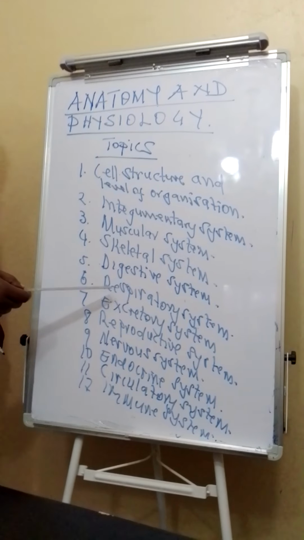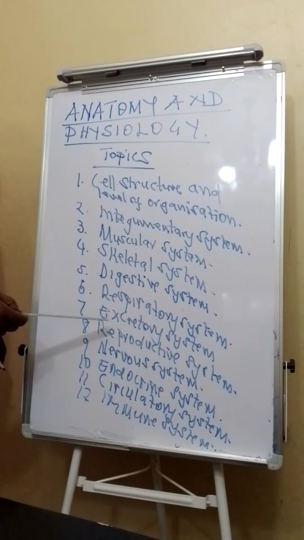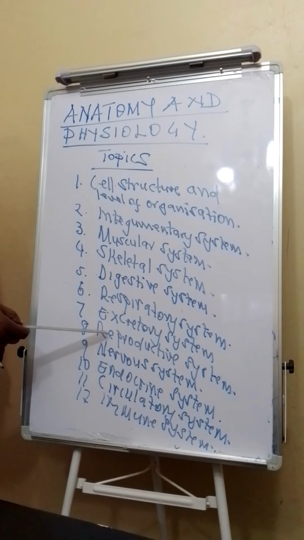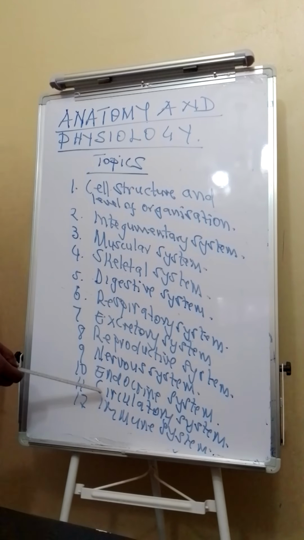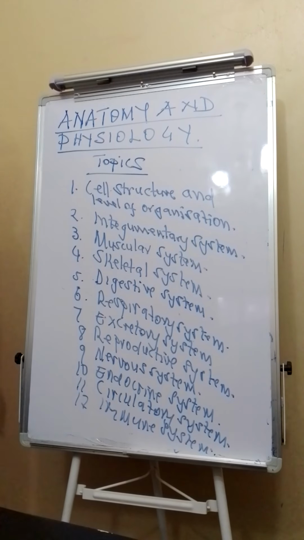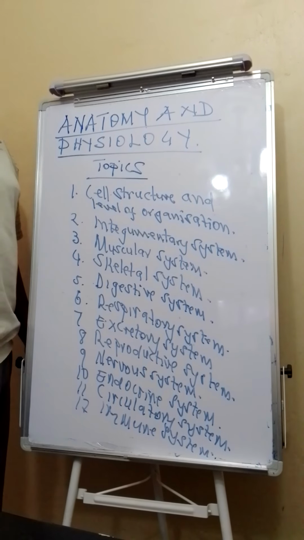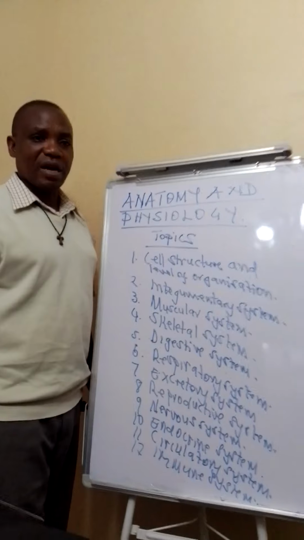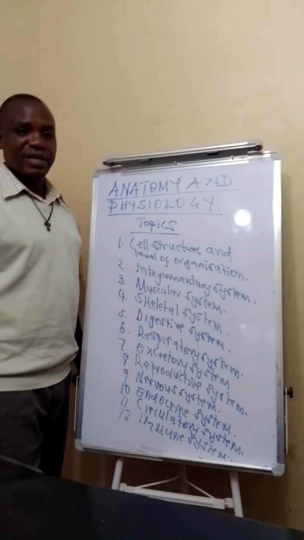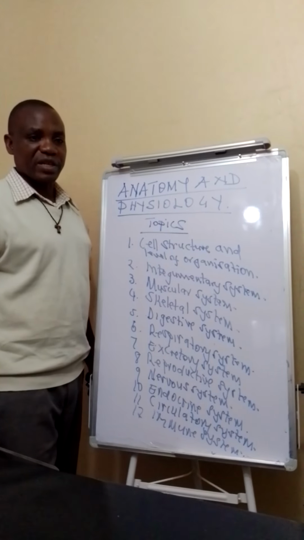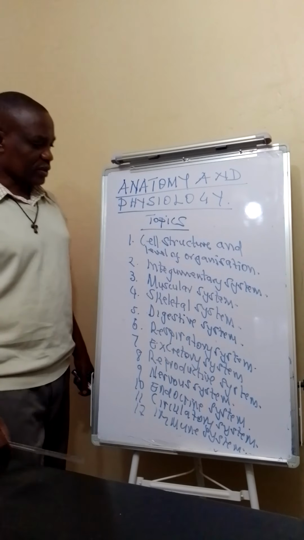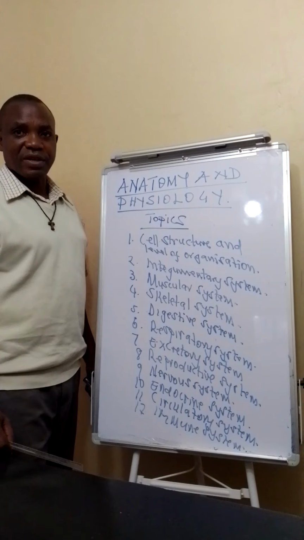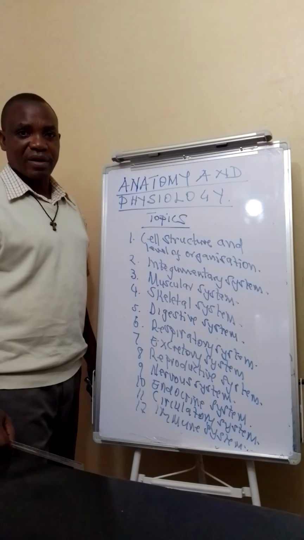Then digestive system, respiratory system, excretory system, reproductive system, nervous system, endocrine system, circulatory system, and immune system. So that is how the body is organized in terms of systematic anatomy and physiology. That is the topic for today.